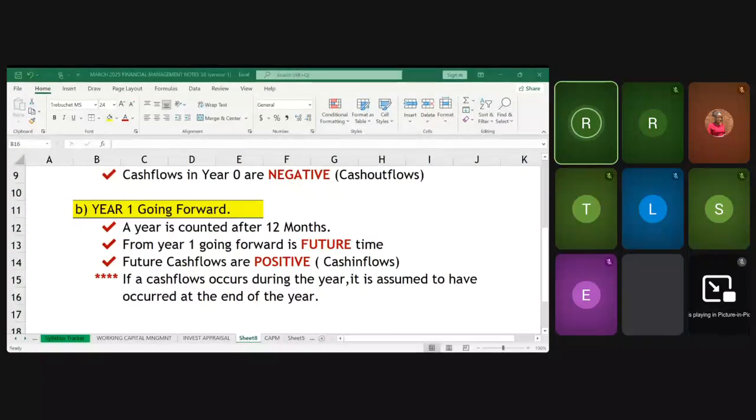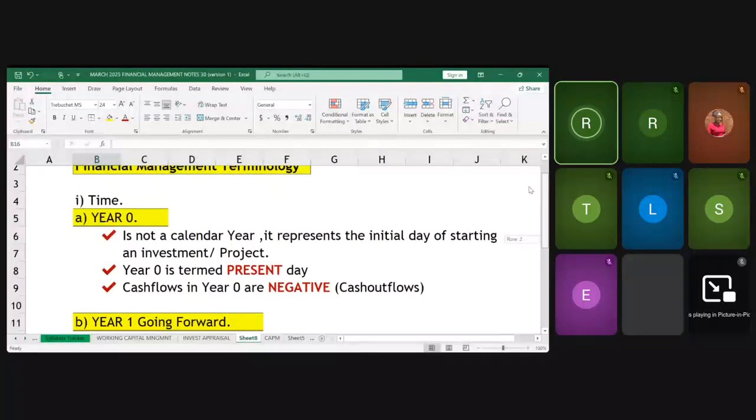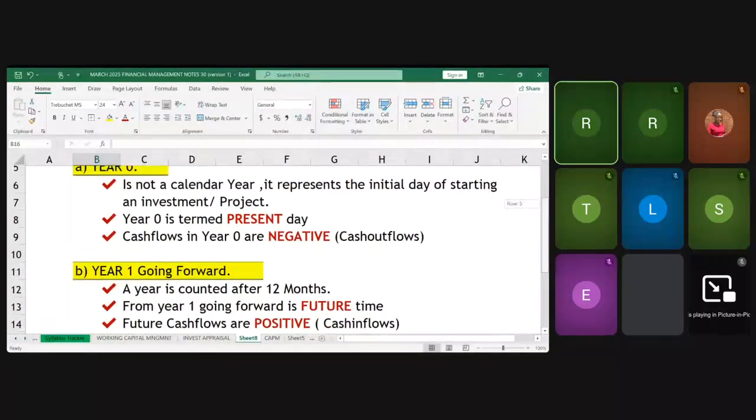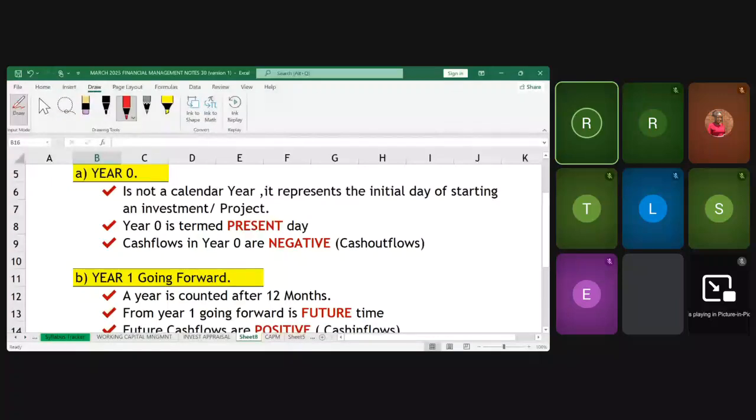I'm going to pause and ask if there is anyone with a question with regards to the time which is present and the time which is future time. Any question so that we can proceed? Any question here? I hope this is understandable.